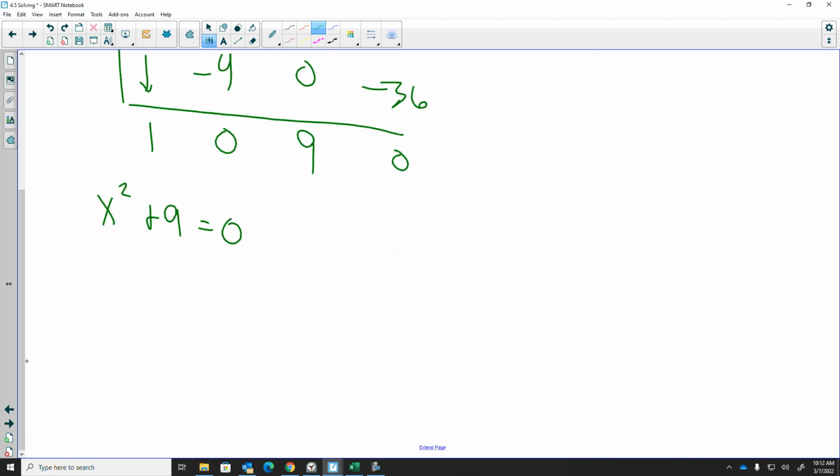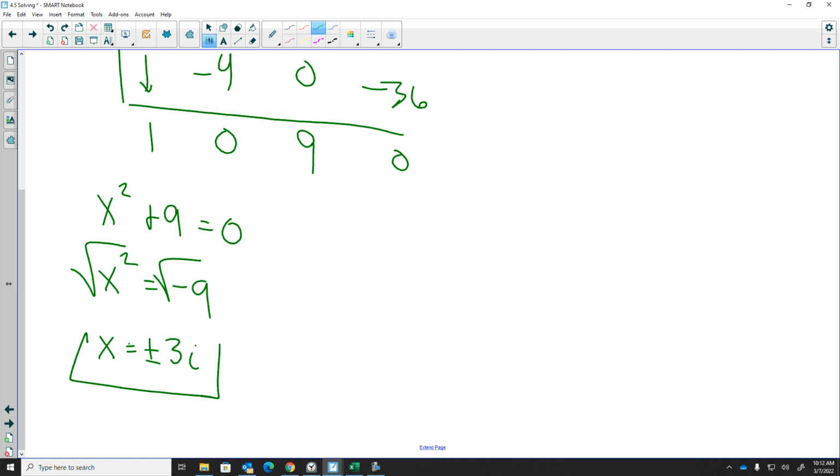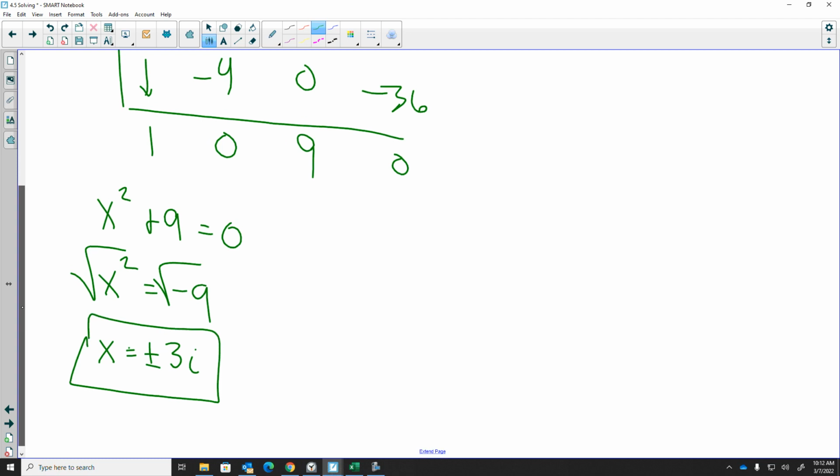If I subtract 9 and then take a square root, what am I going to get? Plus minus 3i, right? Take a square root, you need a plus minus. The negative turns into an i, square root of 9 is 3. So that's what I get from that one. So those are some solutions. What's the other solution that I'm missing?